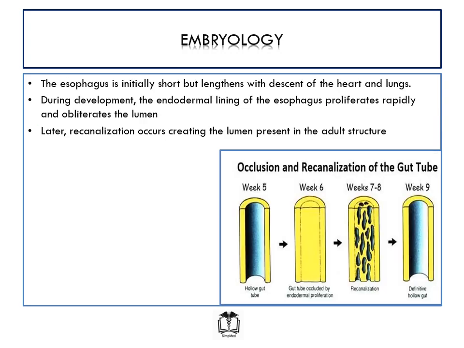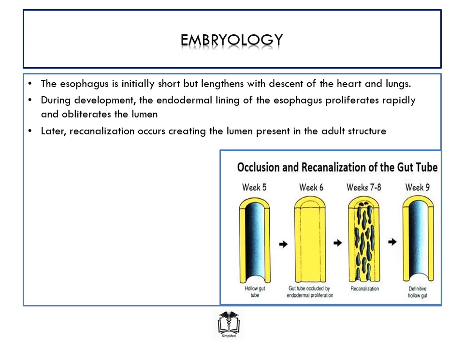Initially, the esophagus tends to be short, but with time it lengthens and descends across the entire thorax with the heart and the lungs. During development, the endoderm of the esophagus proliferates and occludes the lumen. Initially, we start with a hollow tube formed from the foregut, which eventually divides into a ventral trachea and a dorsal esophagus.